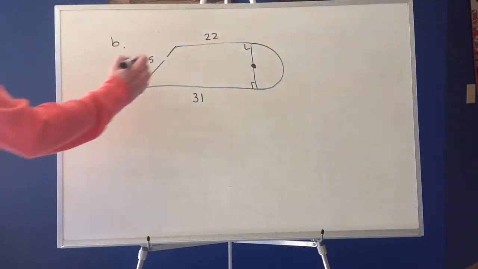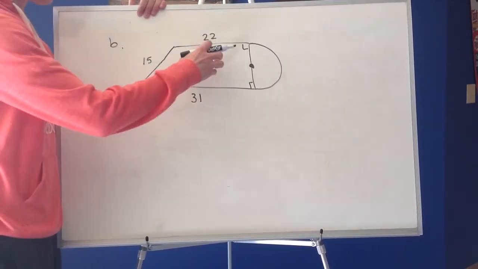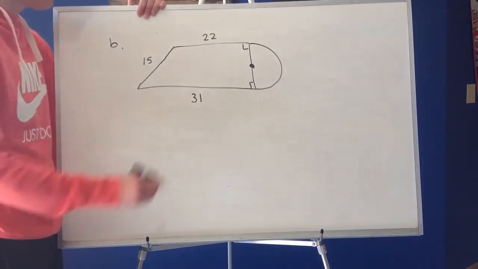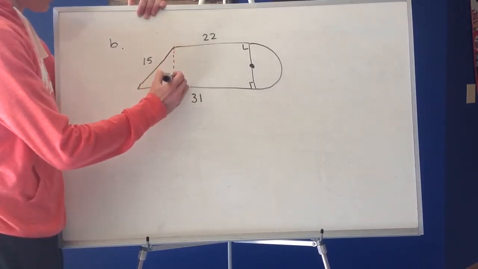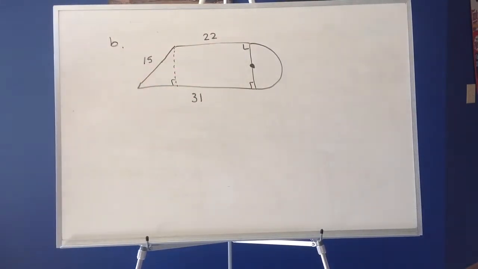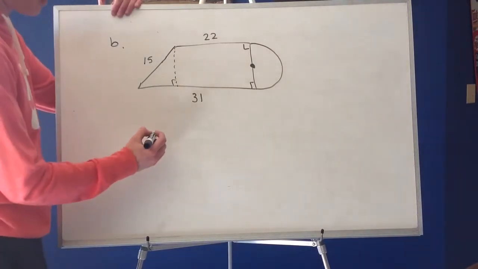On this one, you've got 2 options. Some kids will use the trapezoid and the semicircle, which is perfectly fine. Some kids will draw in this height and they'll use triangle, rectangle, and semicircle, which is fine. You actually will get the exact same answer no matter which way you do it. I'm going to go ahead and do trapezoid and semicircle, but if you would have preferred the other way, it wouldn't have been a problem at all.